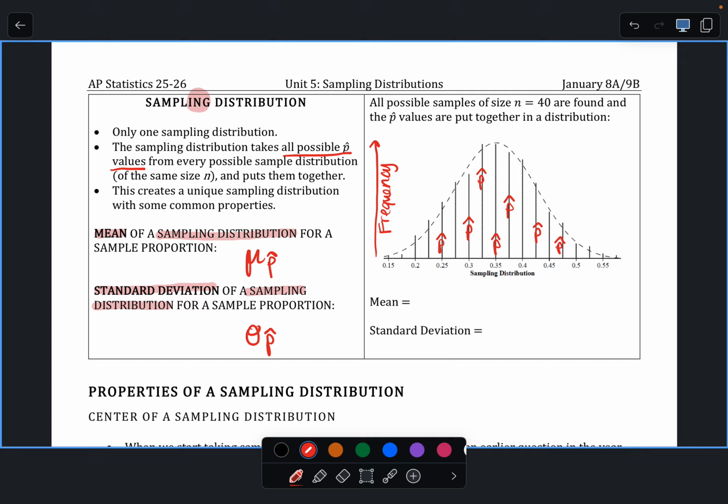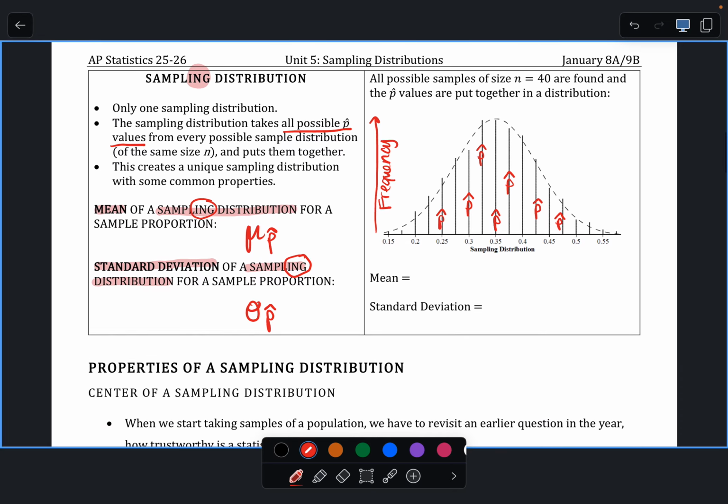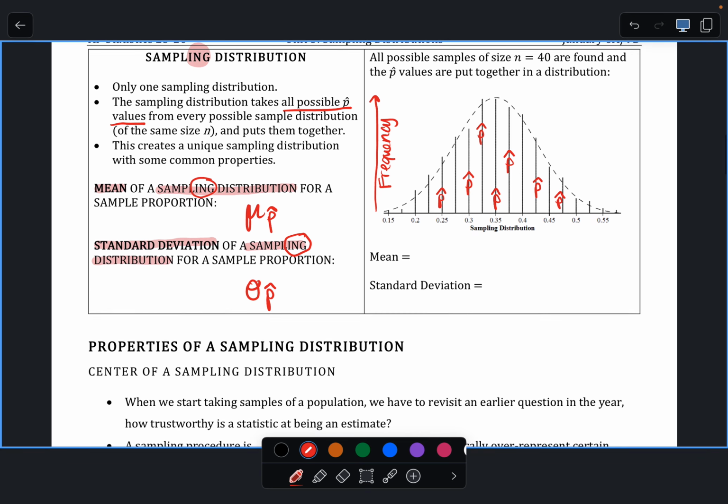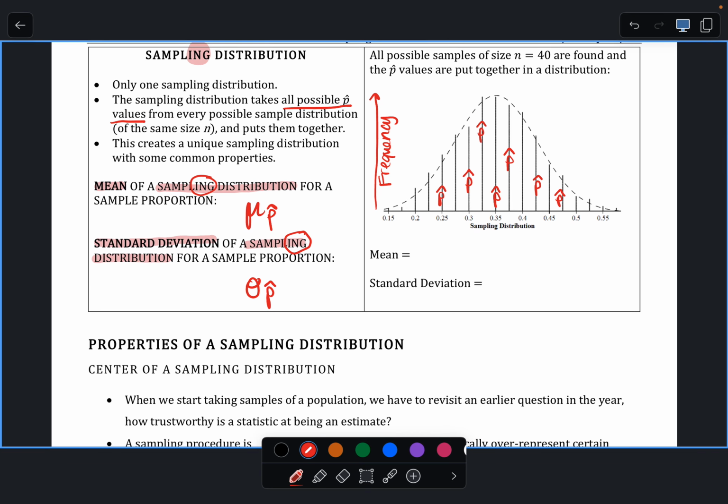The big thing is pointing out that this is a sampling distribution, not just a sample distribution. And we will eventually get to identifying the mean and standard deviation. I'm going to take those as we discuss them in terms of what we're going to learn today. But the big idea is that this sampling distribution is coming from all of the possible samples.